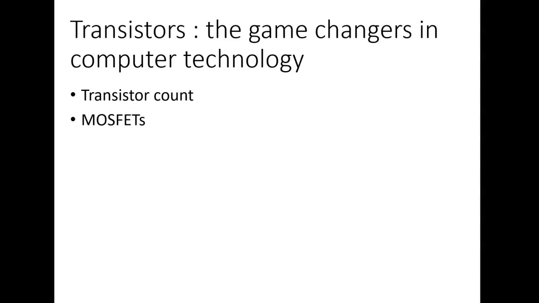Now we are moving on to one very important, very interesting topic. Not very important, it's so important. So this actually points to the importance of nanotechnology. So we know that transistors are one of the game changers in computer technology, and before the invention of transistors, we had very large computers, which had very high weight and all.